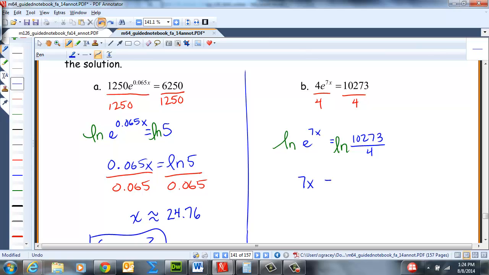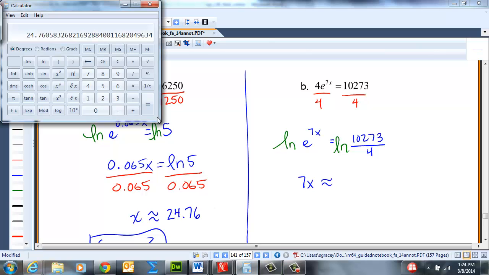Let's go to our approximation. Going back to our calculator, we have to do 1,273 divided by 4, and then the natural log of that. Oops, no, that's the wrong thing. I'll get that decimal first and then do the natural log.